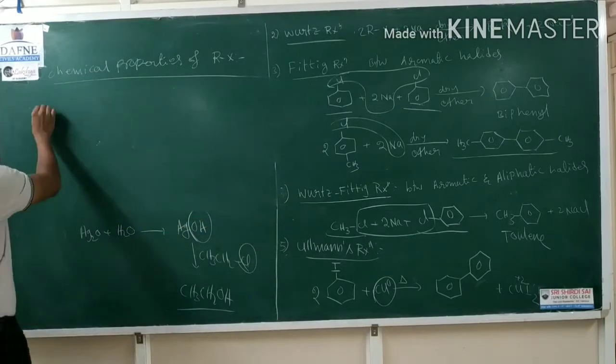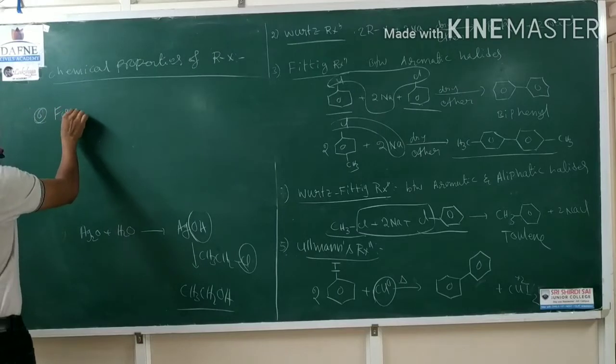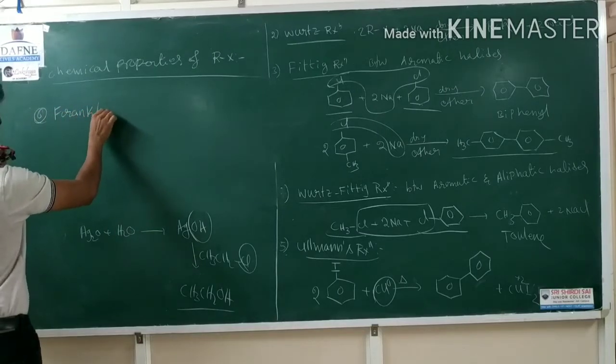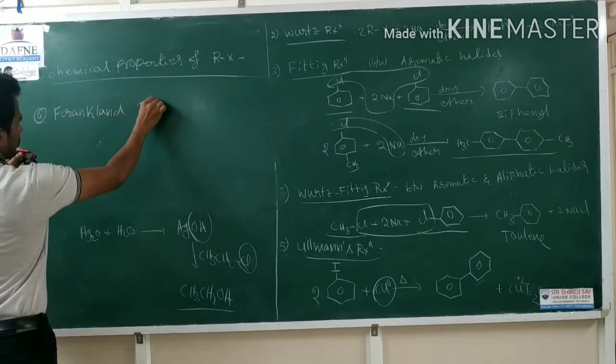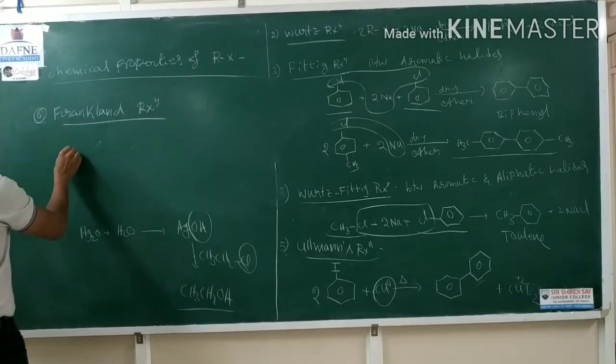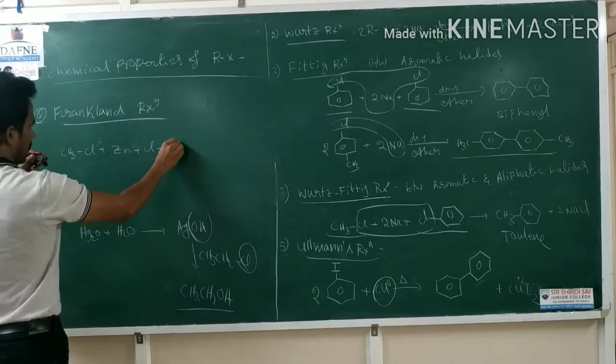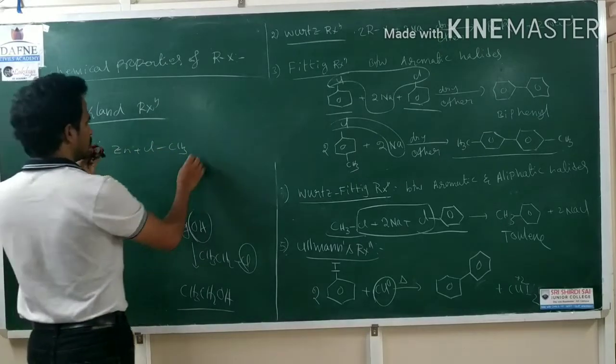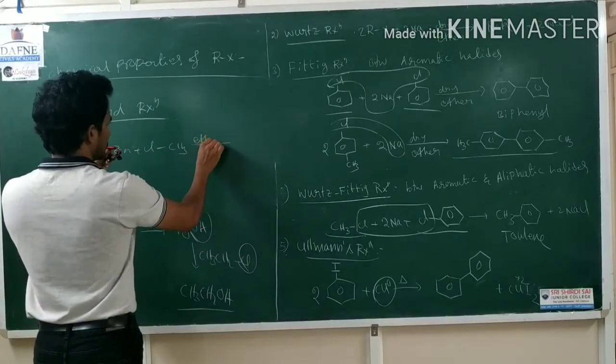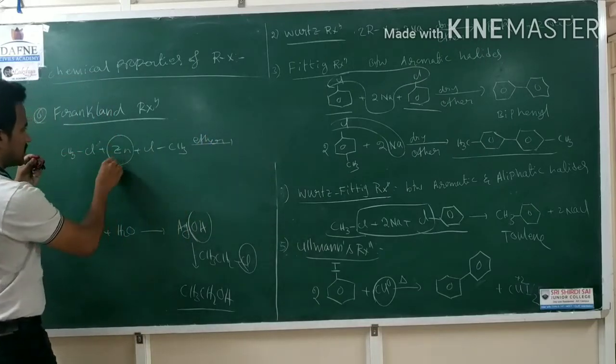Another reaction is also there, the sixth one, the Frankland reaction. The Frankland reaction is also similar to the Wurtz reaction, with ether as solvent, but here using zinc only.